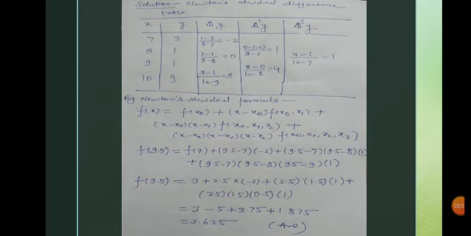Then the first divided difference of y. Here we are applying the formula that we already discussed. Then this term is equal to (1 minus 3) upon (8 minus 7). Whenever we apply the second and third terms, which is equal to (1 minus 1) upon (9 minus 8), which is equal to 0.